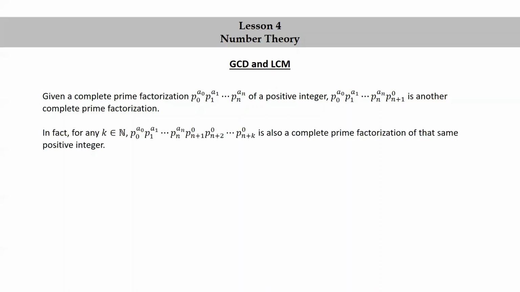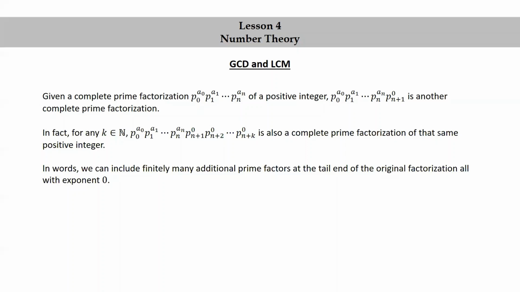In fact, for any natural number k, p0 to the a0 through pn to the an times p(n+1) to the 0, p(n+2) to the 0, through p(n+k) to the 0 is also a complete prime factorization of that same positive integer. In words, we can include finitely many additional prime factors at the tail end of the original factorization, all with exponent 0. Just be careful not to skip any primes.